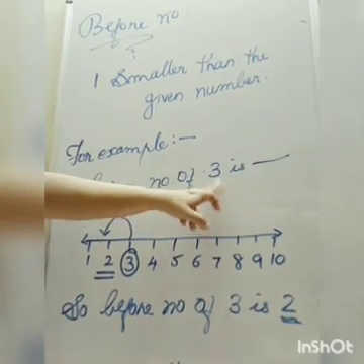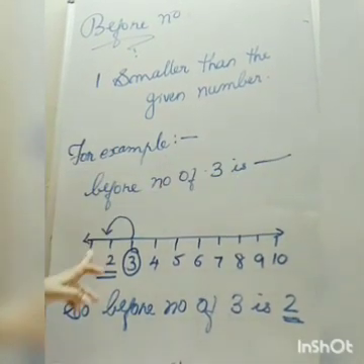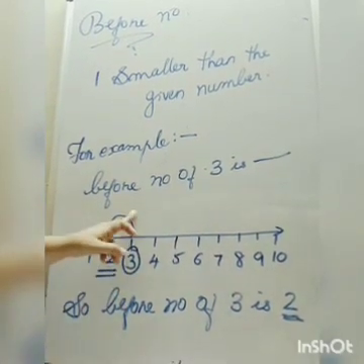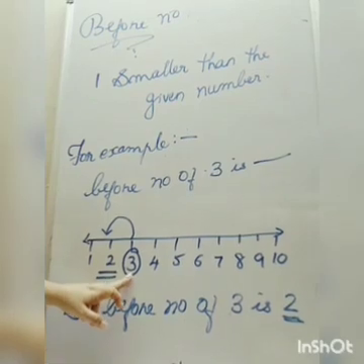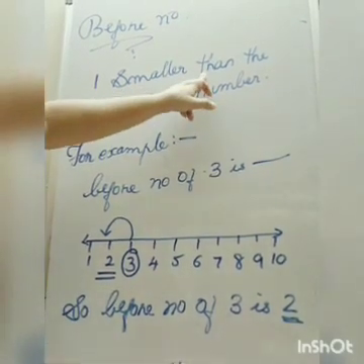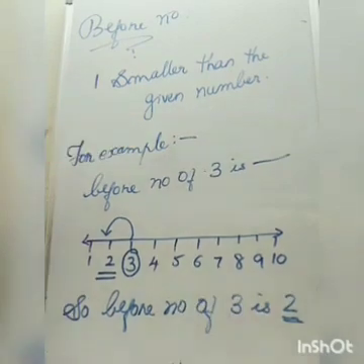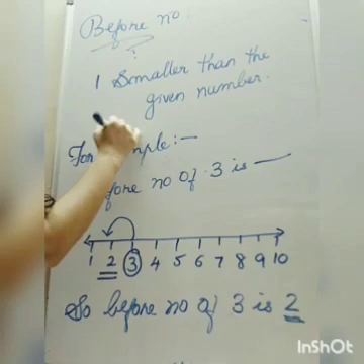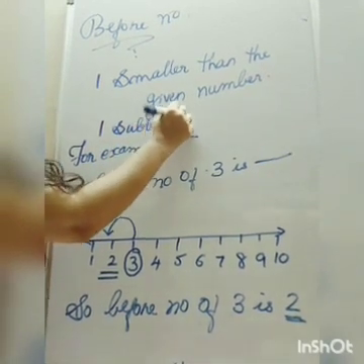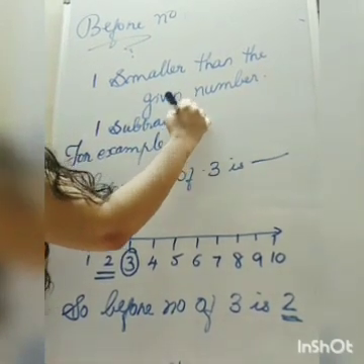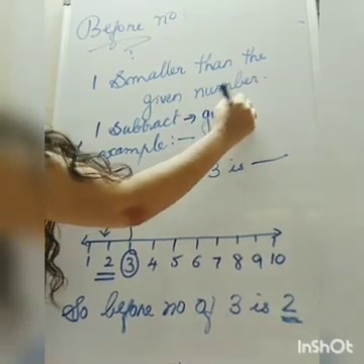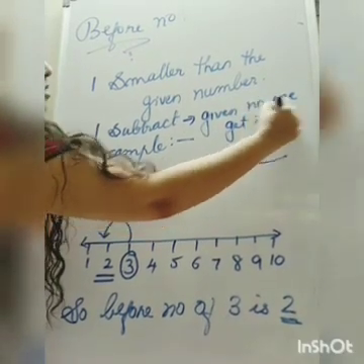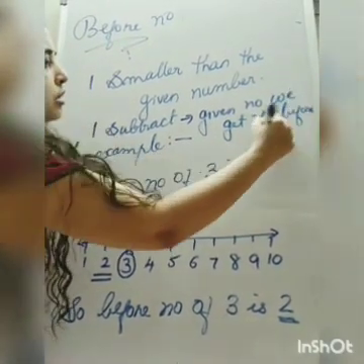Before number of 3 is dash. With the help of a number line, we can understand the before number. Here 3 is here. So 1 smaller than the given number. When we subtract 1 from a given number, we get its before number.